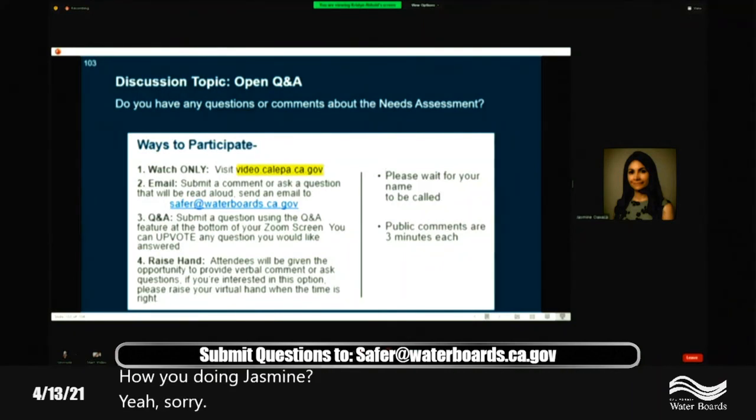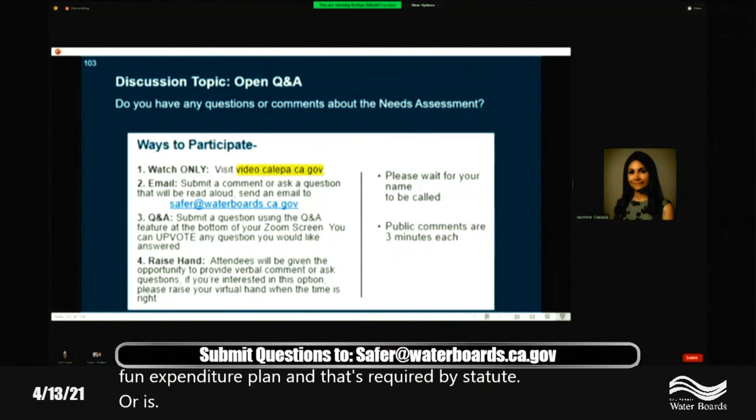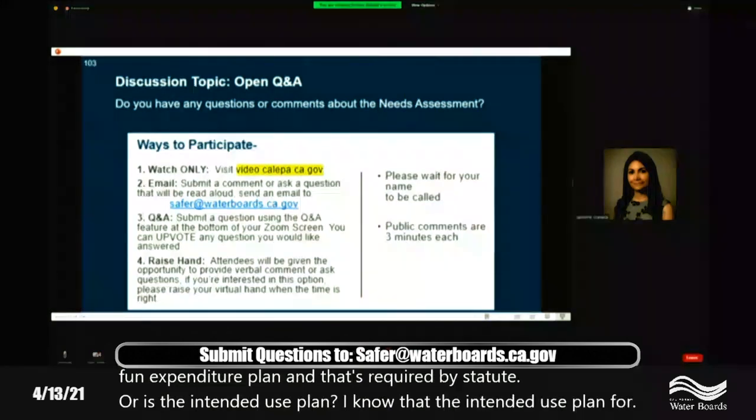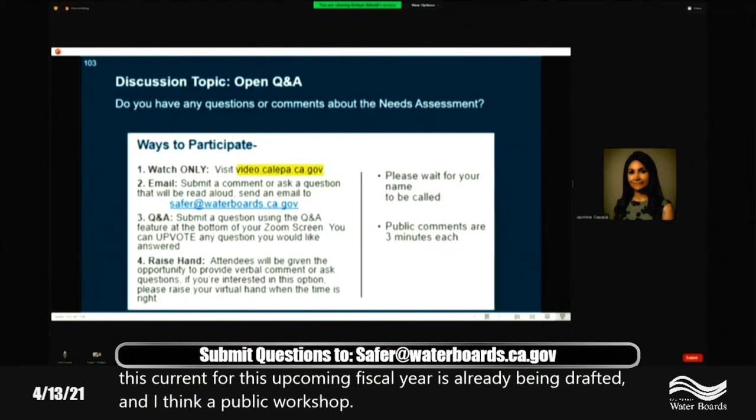So the needs assessment will directly inform the fund expenditure plan that's required by statute. As far as the intended use plan, I know that the intended use plan for this upcoming fiscal year is already being drafted, and I think a public workshop is coming up very soon.